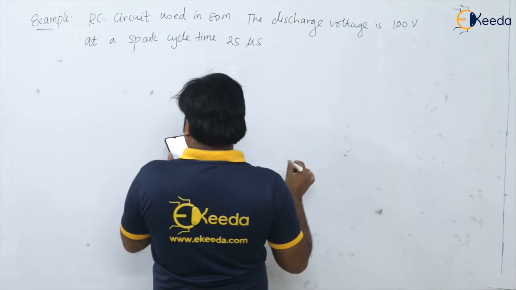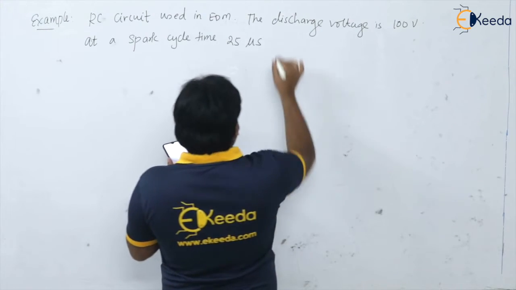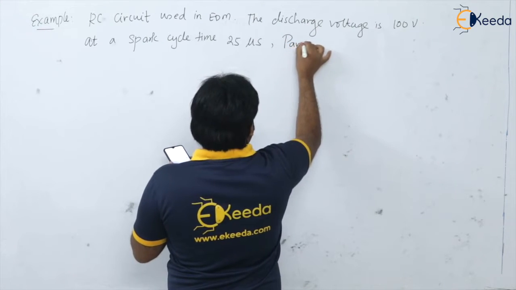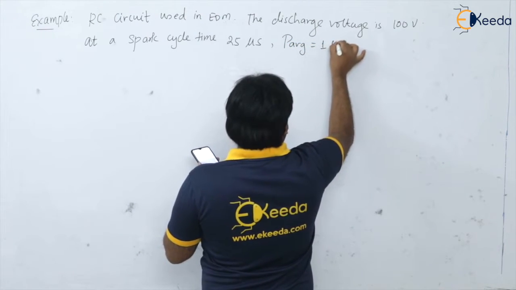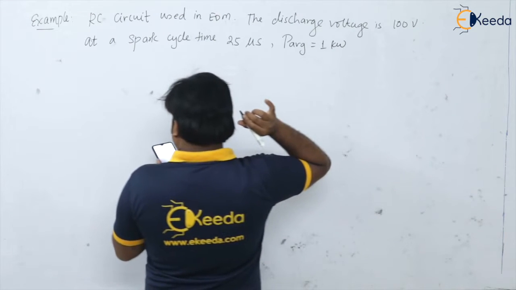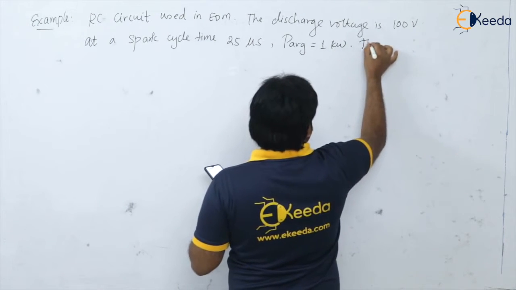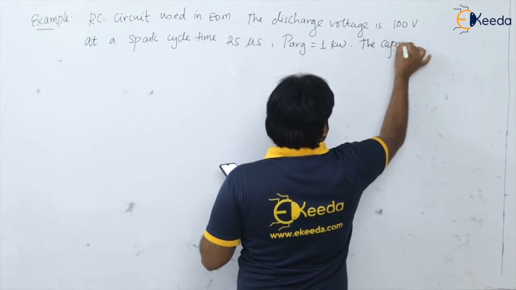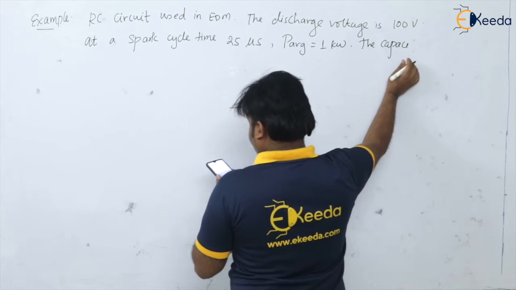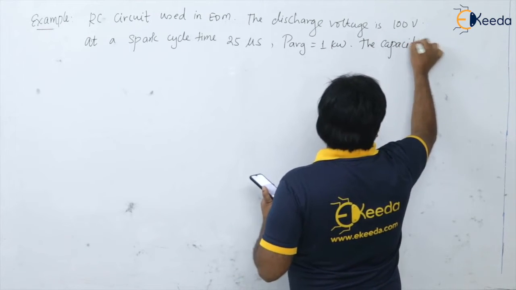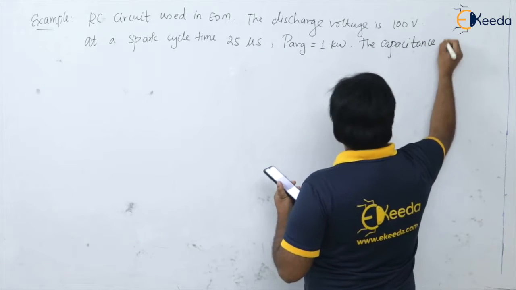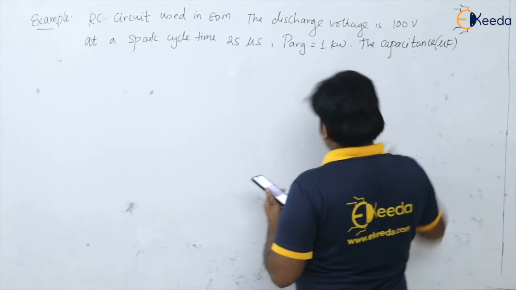The average power P average is 1 kilowatt, it is given. The capacitance in microfarad they are asking.